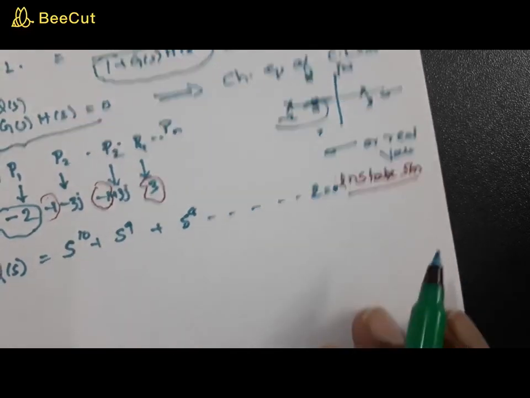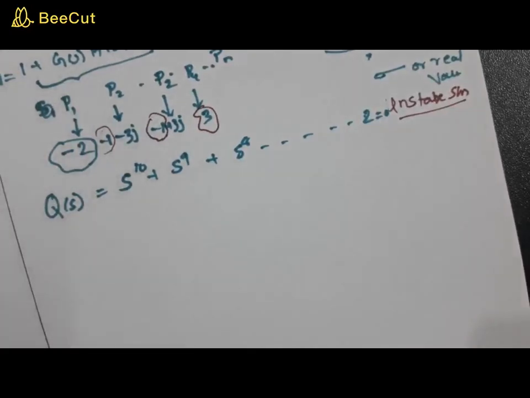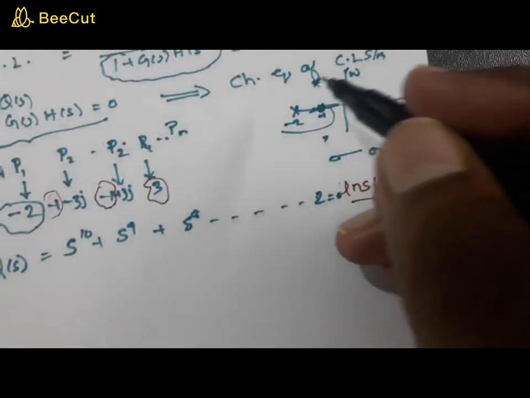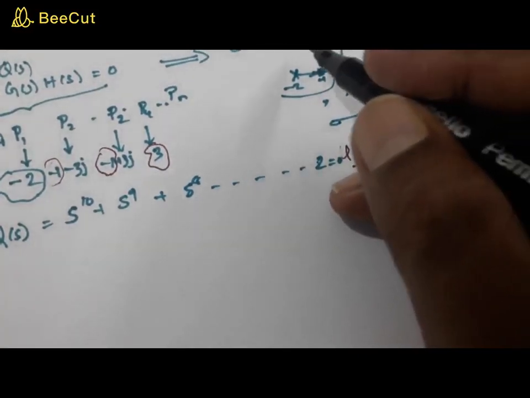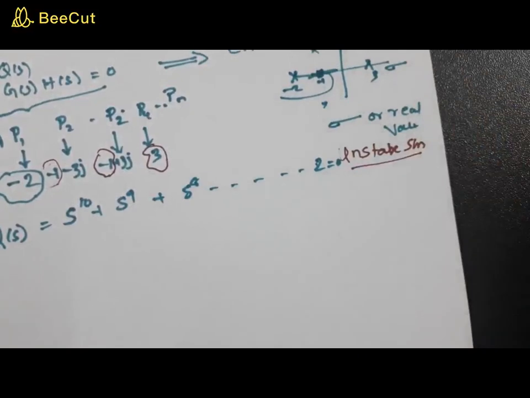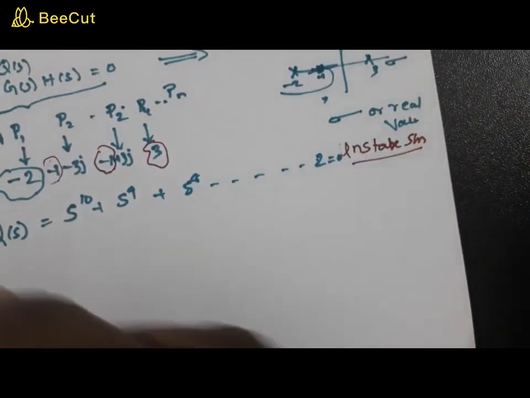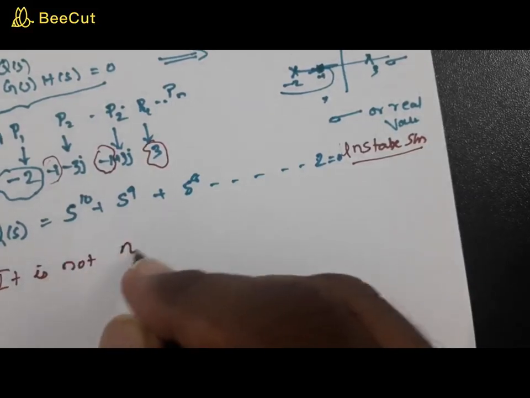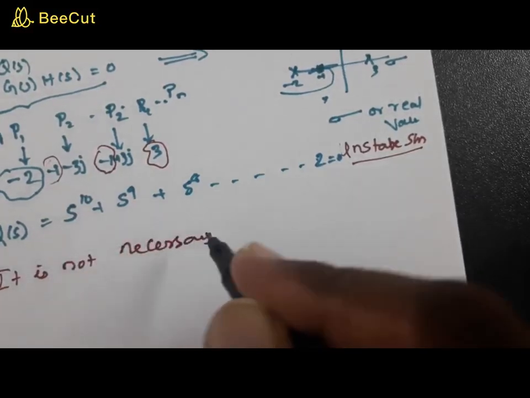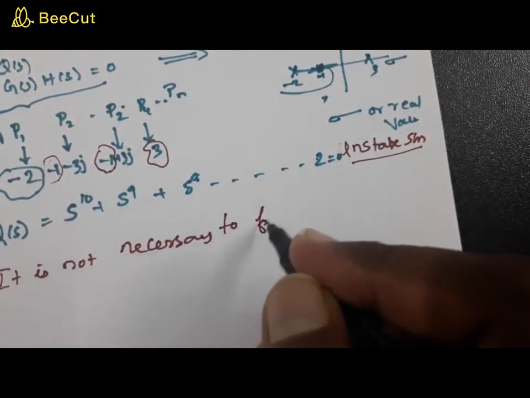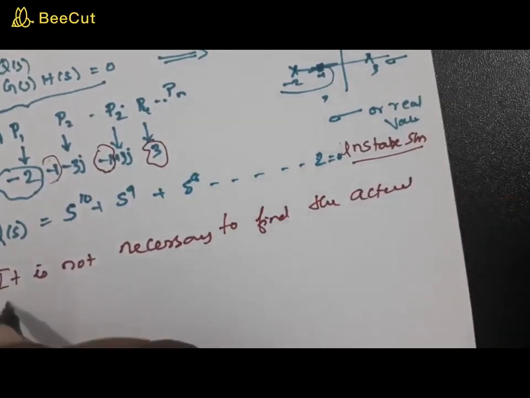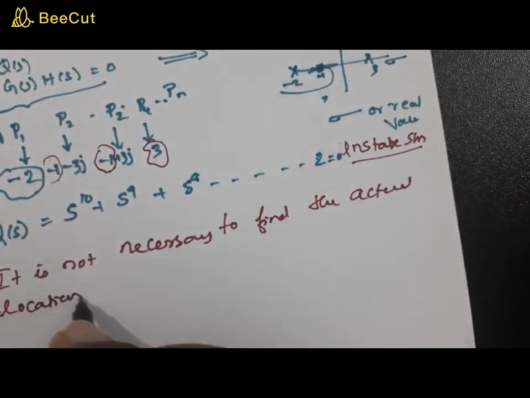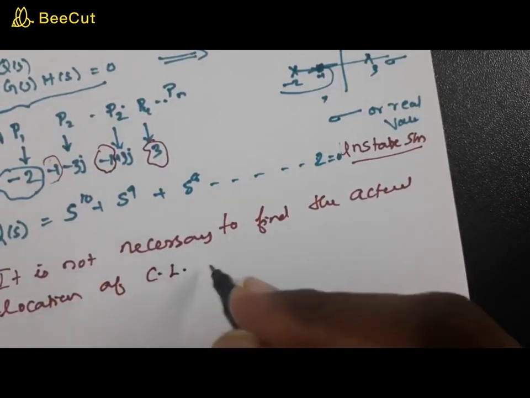And one more point to be noted is, we are not concerned about the exact location of the pole. We just want to know whether the poles lie on the left side or on the right side. So this is another statement: it is not necessary to find the actual location of the closed loop poles.